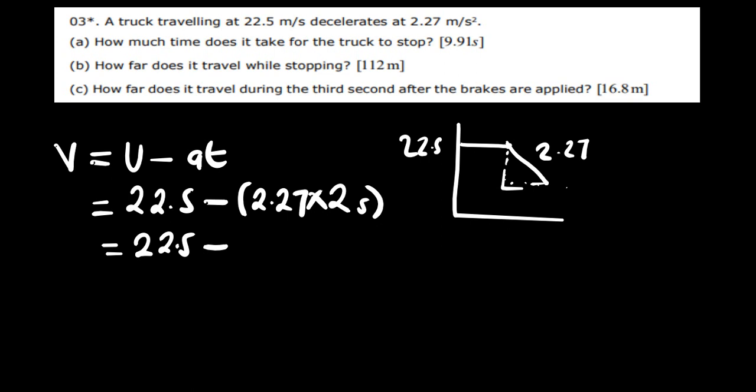What are we going to get when we solve that? Let me just solve all of it at the same time. On my end, when I solve this, I'm getting 18.49 meters per second.